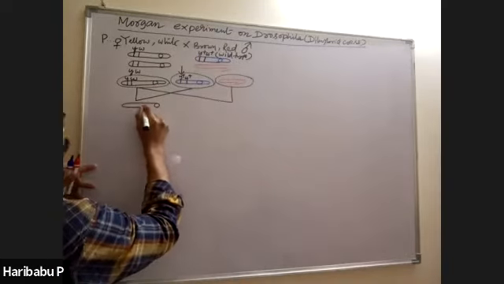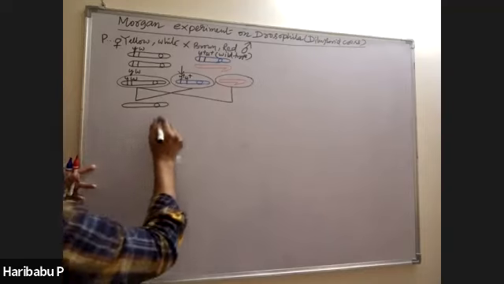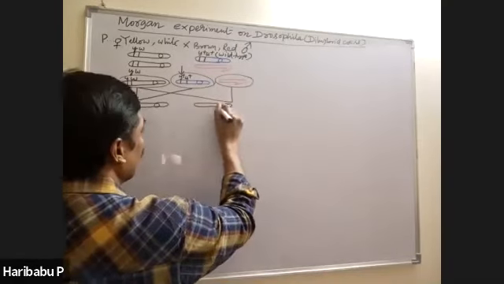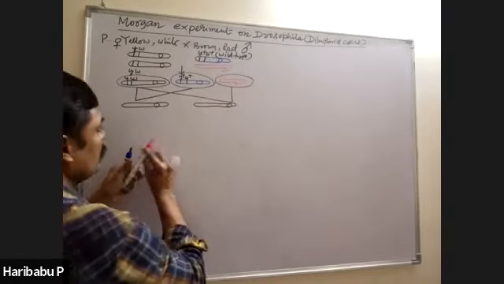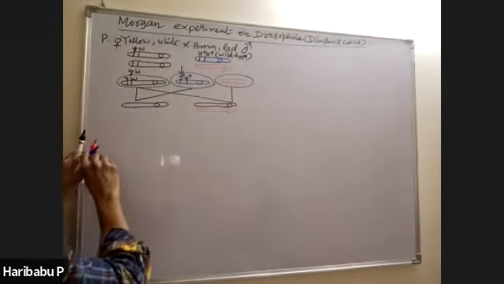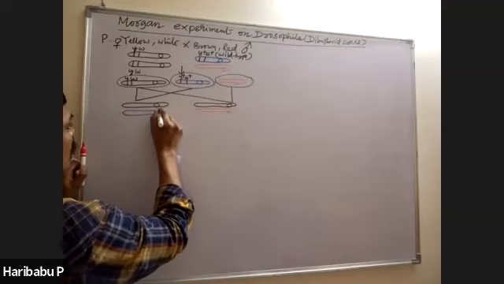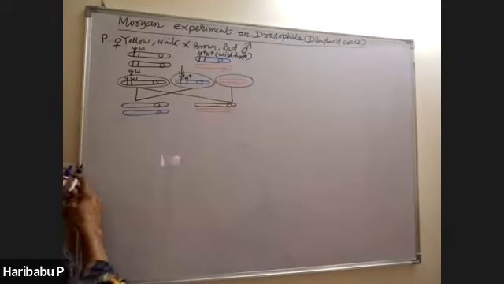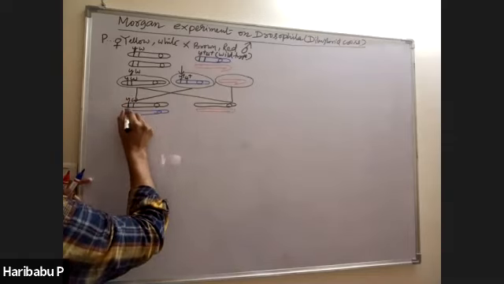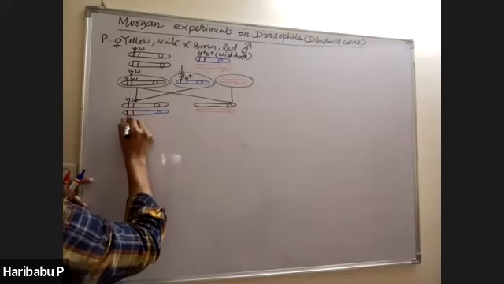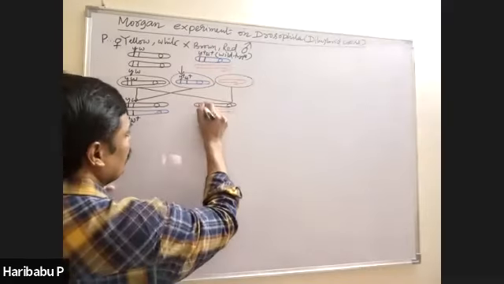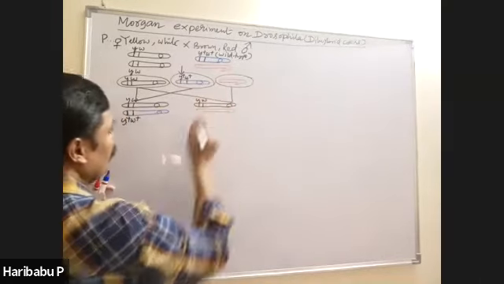Now this one is male, and here female. Now the genes are y, w, here y plus, w plus, y plus, w plus, here y, w.